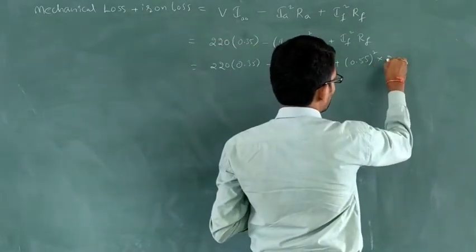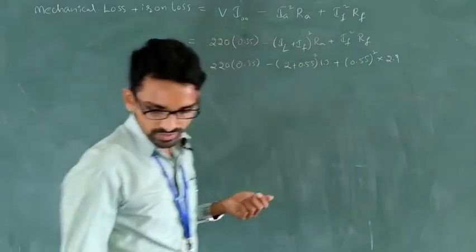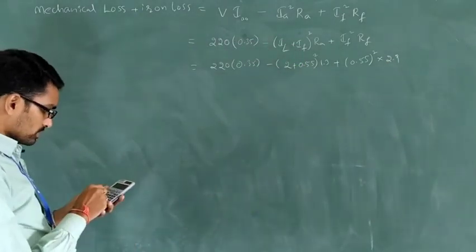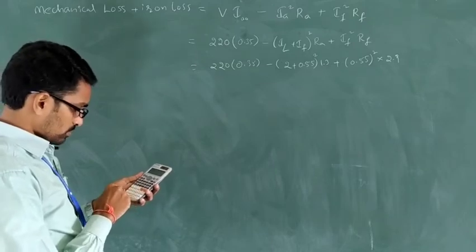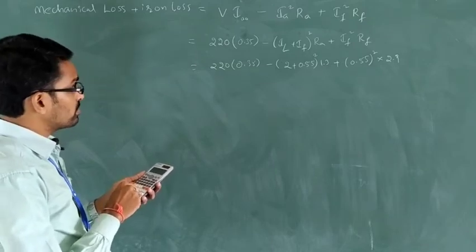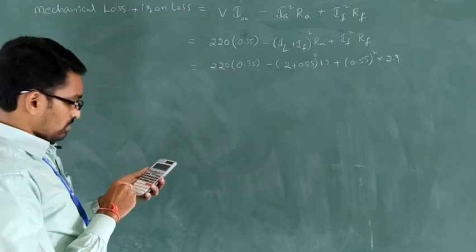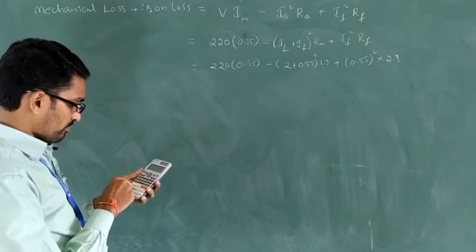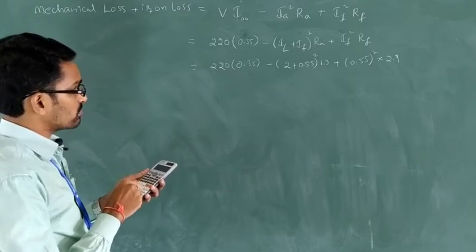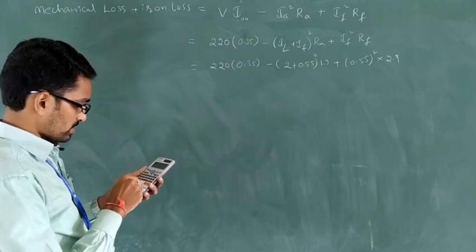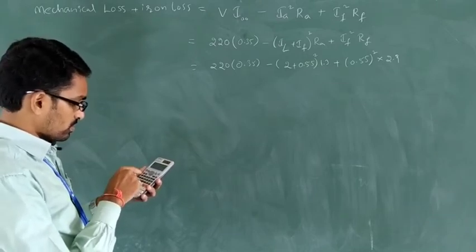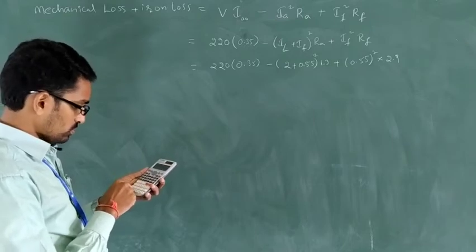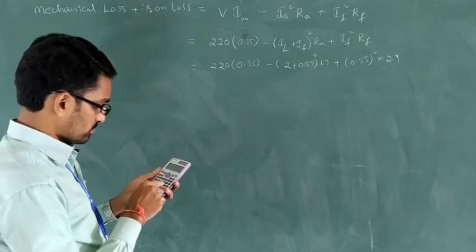Rf is 2.9. If I calculate these values, so 220 into 0.35 minus (2 plus 0.55) whole square into 1.3 plus 0.55 whole square into 2.9.